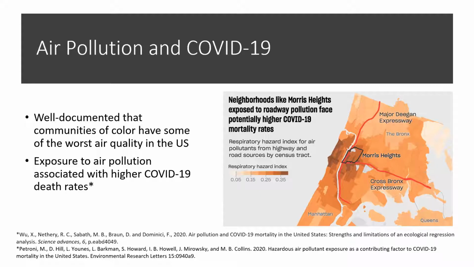That was covered in these two papers that I've listed on the bottom here. So again, thinking about how these inequitable practices and inequity in our US cities interact with the environment and things like COVID-19, you can start to see how all of these issues intersect with each other on a topic that's very relevant to all of us right now.